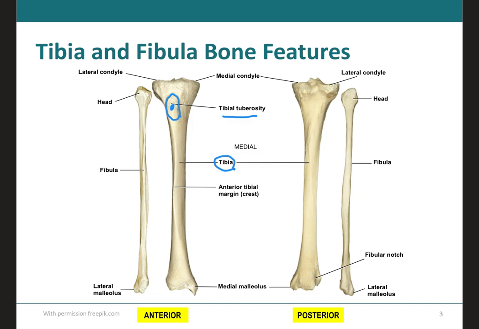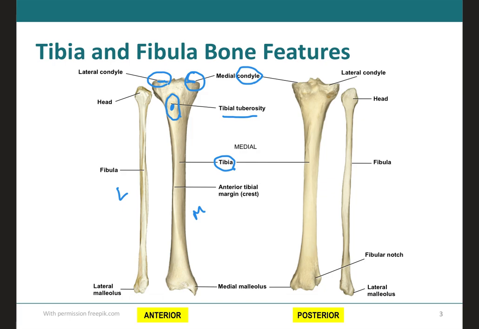On the proximal part of the tibia, right here on top, you're going to have these smooth articulating surfaces, which are going to be the condyles, because the tibia is medial and the fibula is lateral. This side over here will be the medial condyle. Therefore, the other side will be the lateral condyle.